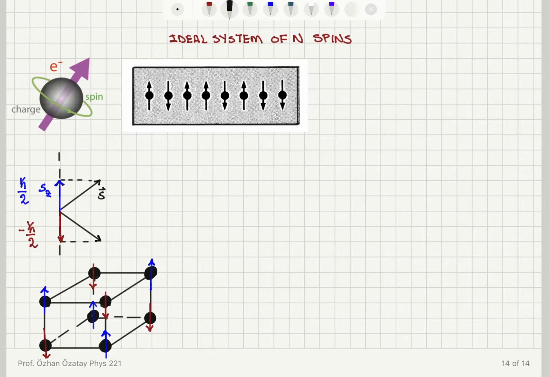Okay, so in order to illustrate further the concepts that we have discovered in the case of ideal gas confined in a box with a partition in the middle, we're going to take advantage of another similar system, that's the ideal system of a capital N spins.